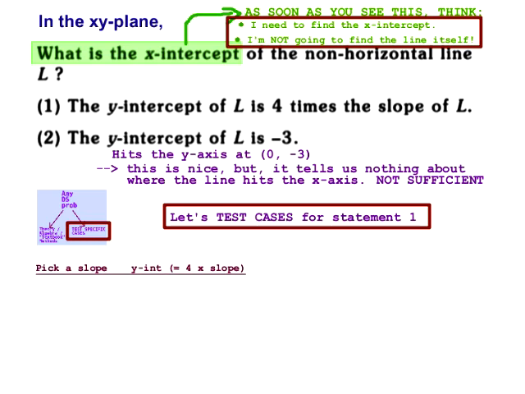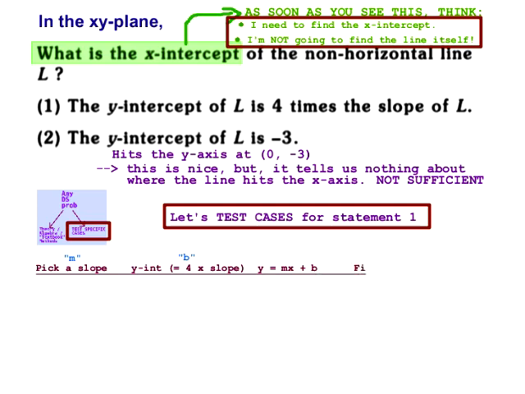And then once you have that, remember in our equation y equals mx plus b, the slope is the m value, and the y-intercept is the b value. So then this is the equation, y equals mx plus b. And then we need to find the x-intercept.